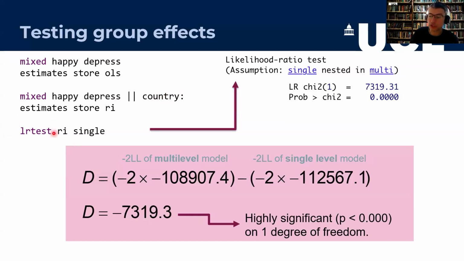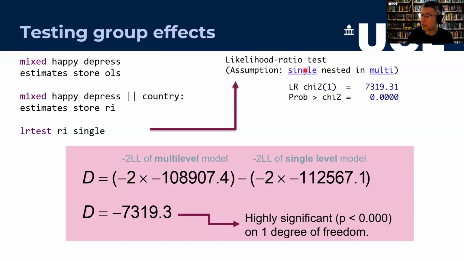Then we can just run a likelihood ratio test, and this test will give us a p-value that tells us whether the evidence against the use of a simpler model is strong or not.